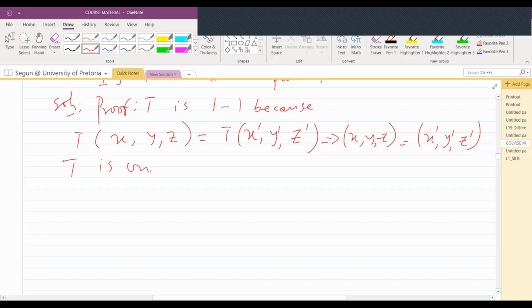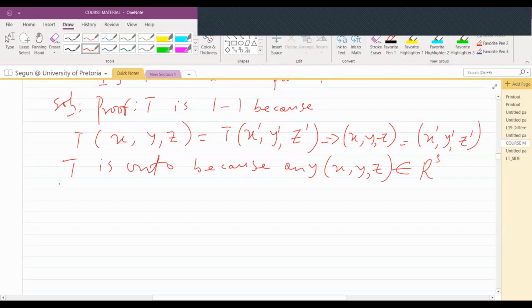is onto, because T is onto because any X, Y, Z, they all belong to our R of 3.